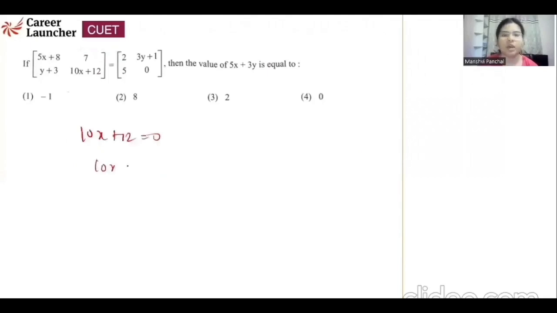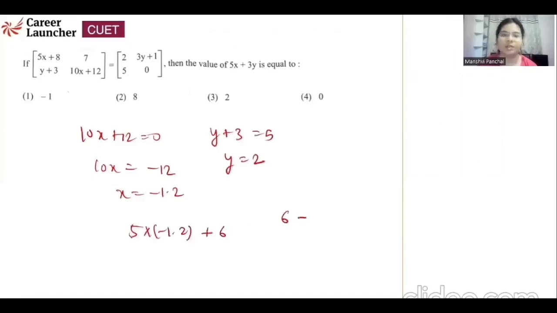It means 10x equals minus 12, x equals minus 1.2. y plus 3 equals 5. It means y equals 5 minus 3, 2. Now 5 into minus 1.2 plus 3 into 2 is 6. So 6 minus 6 is 0. Option 4 is the correct answer.